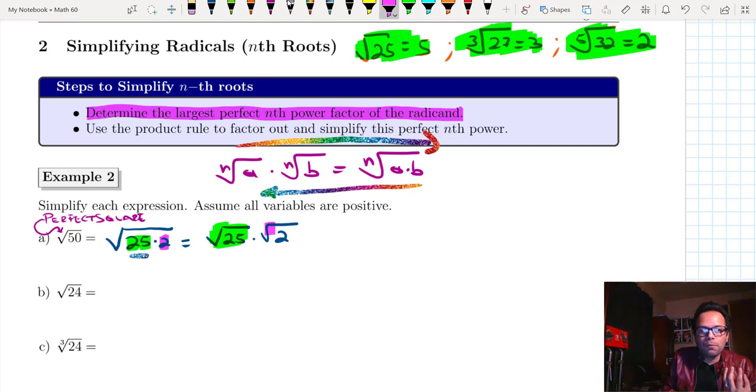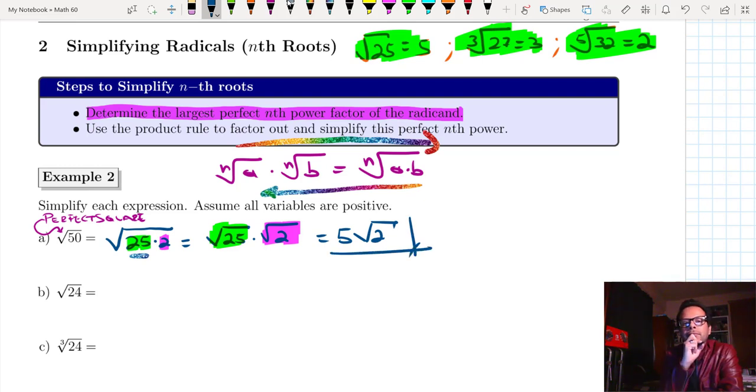However, the purple one is the square root of 2, so there's no way we can take the square root of 2 and get an exact number. So we only take care of the square root of 25, which is 5 times the square root of 2. And that's the final answer for this first exercise.